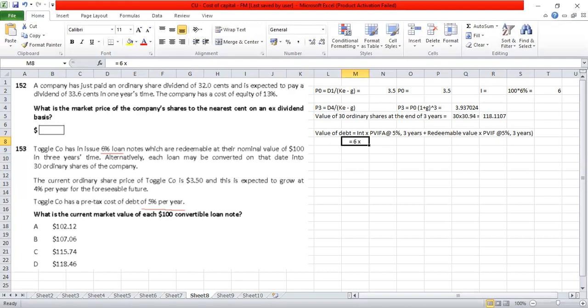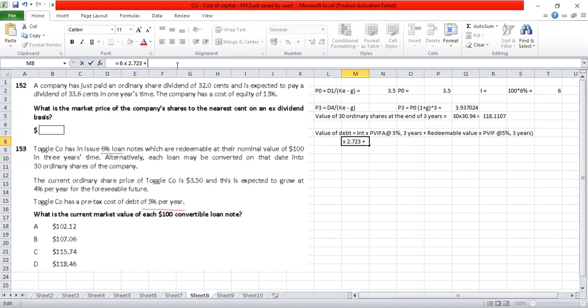Okay, let me write it. Plus, now what is the redeemable value? If the loan has to be redeemed at the end of the 3 year period, whatever is the value which stands at the end of the third year will be the redeemable value.